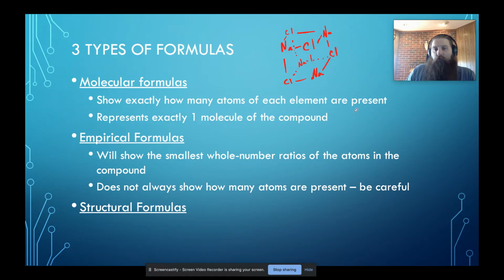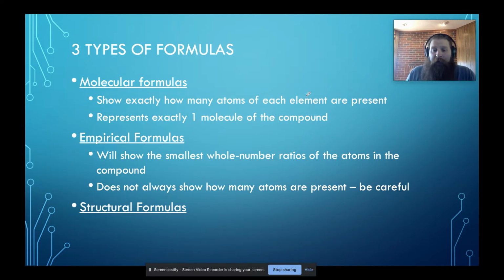And this cube forms more cubes with other chlorine and sodium atoms. So ionic compounds are salts like this. They form these crystalline structures. And so we break them down into their simplest part, right? NaCl. Or here, NaCl. Or there, we have NaCl. So an ionic compound is always going to use the empirical formula.